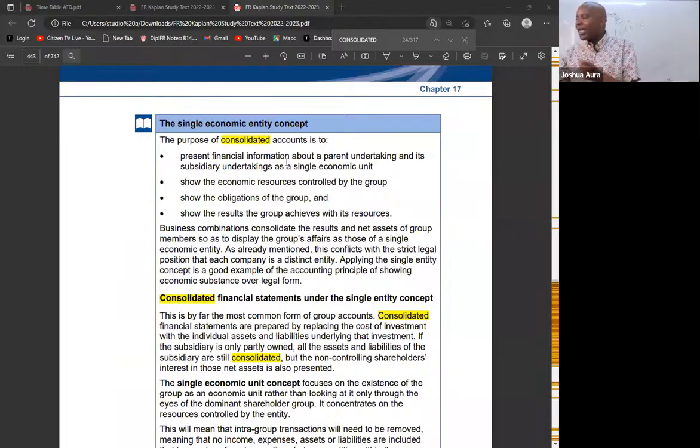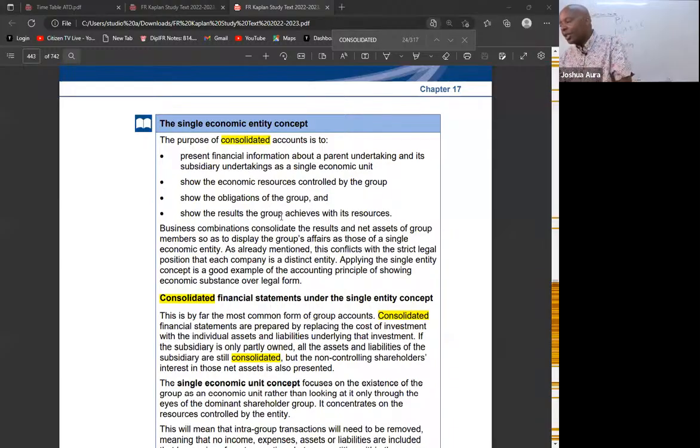So the single economic entity concept: the purpose of consolidated accounts is to present financial information about a parent undertaking and its subsidiary undertakings as a single economic unit. So we must present financial statements of the parent together with financial statements of subsidiaries as if the two are one thing, a single economic unit. Show the economic resources controlled by the group.